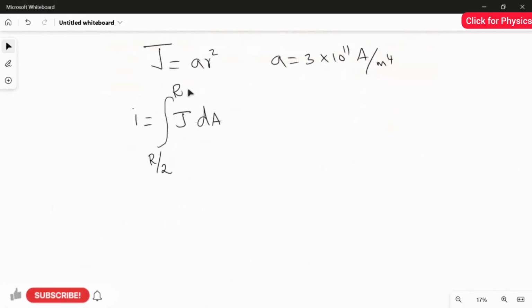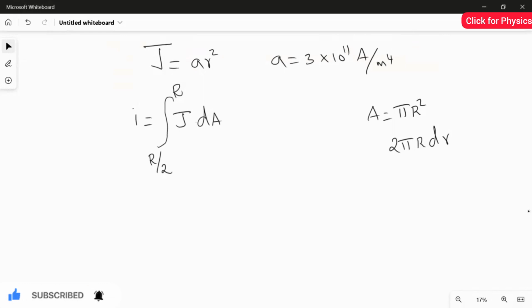Okay. Now, in place of this J, I'm going to substitute this value. But what is this area? You have to write the value of the radial distance as a function of r. So if A is equal to pi r square, then when you take the derivative with respect to r, how can you write it? 2 pi r multiplied by dr, right?